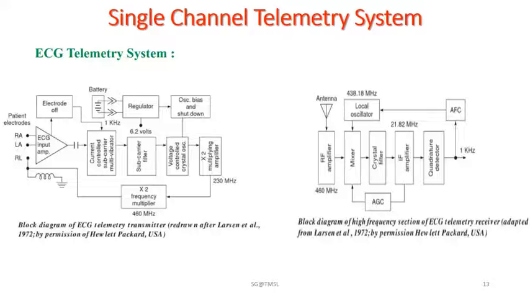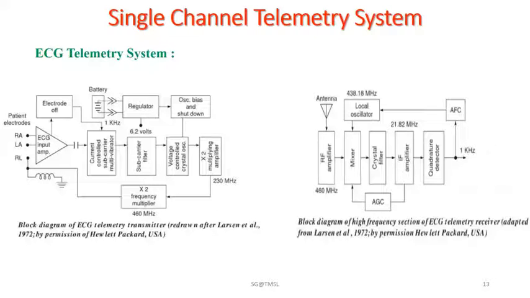A discriminator circuit must be there. The output of that discriminator circuit is the 1 kilohertz subcarrier, which is averaged and fed back to the oscillator for automatic frequency control, or AFC in short. A demodulator circuit must be there.